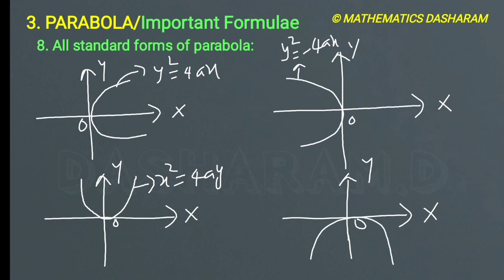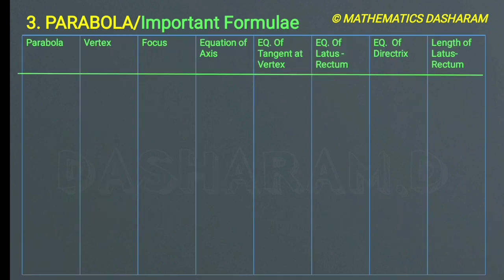It is also a parabola, and its standard form is x square equals to minus 4ay, and these all parabolas pass through the origin.